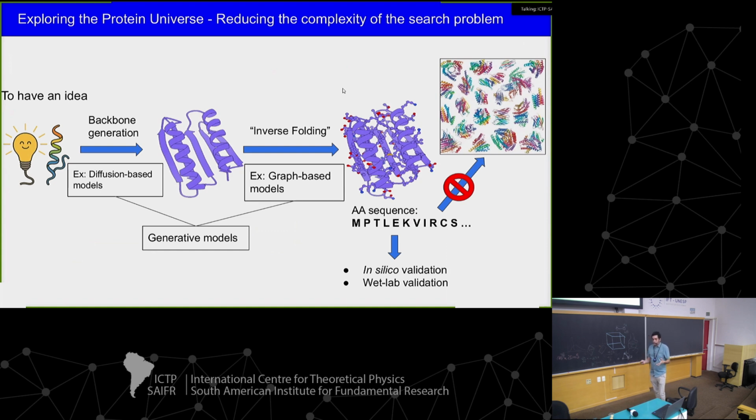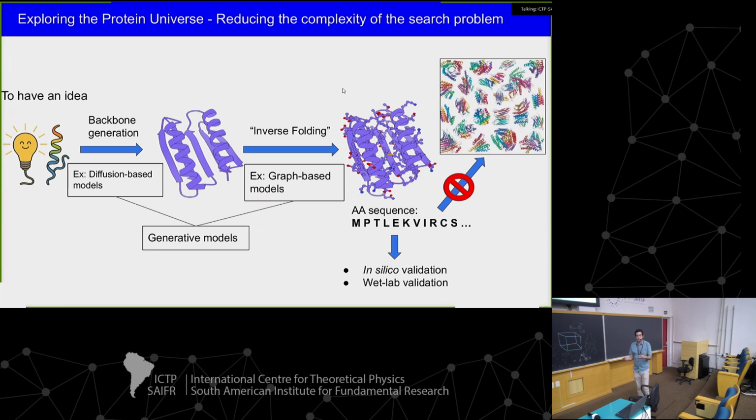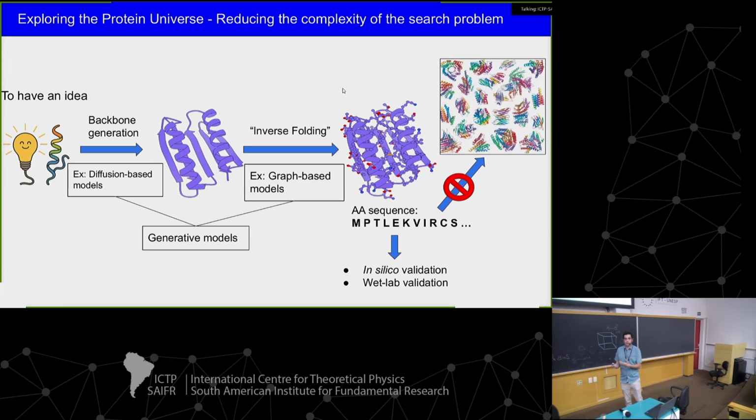There are some methods that work by creating structures and sequences at the same time, right? It's called co-design. But usually this is the pipeline that we use for protein design. So you now have a sequence, and the end of the pipeline is to validate your sequence, right?